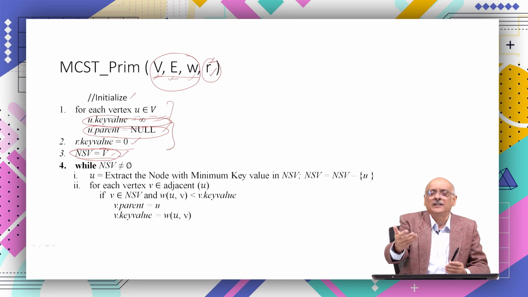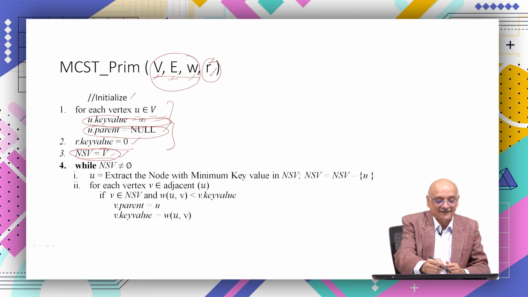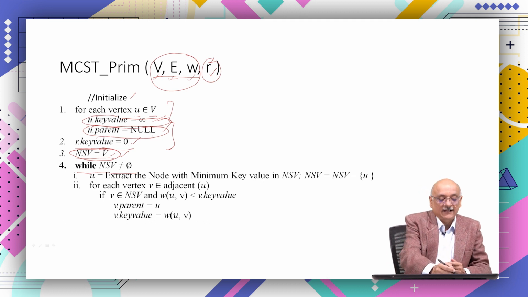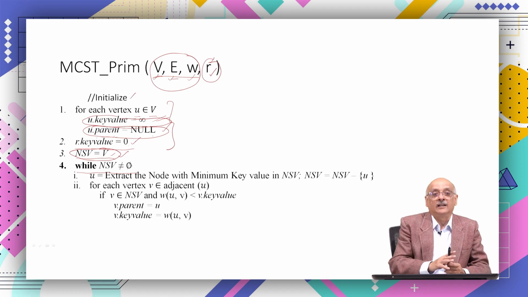However, it is going to be the same, because ultimately the number of edges you select for the minimum cost spanning tree is V minus 1, so there is almost no difference in order. While the not selected vertices, NSV, is not null, we will repeat this step.